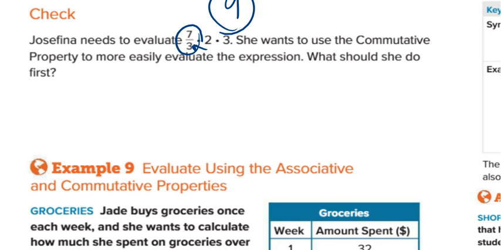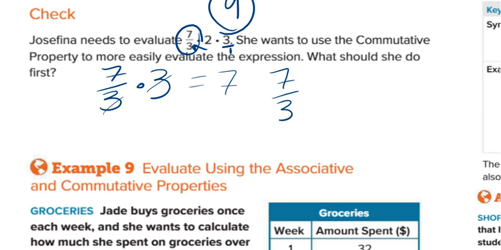So here it says Josephina needs to evaluate 7/3 times 2 times 3. She wants to use the commutative property to more easily evaluate the expression. What should she do first? So if I look at this, we have a fraction. This denominator is a 3. Based off what we know about multiplication, this 3 over here is over 1.